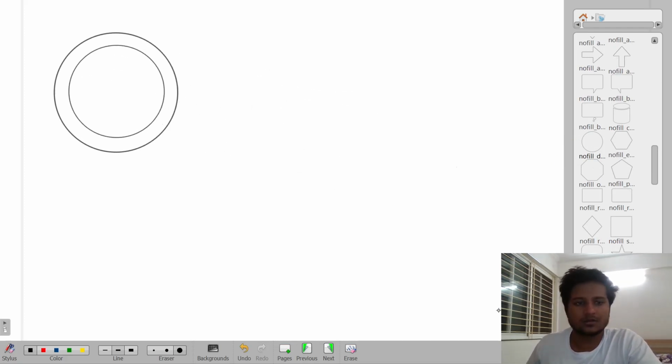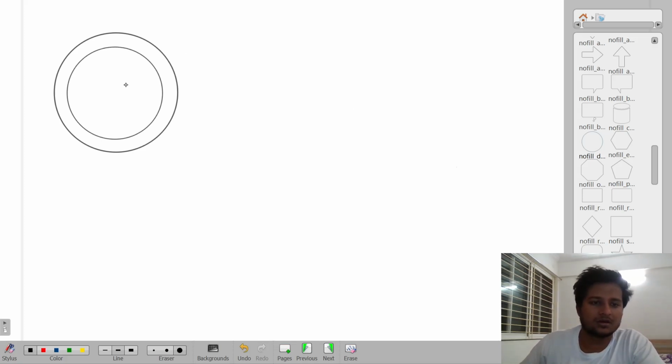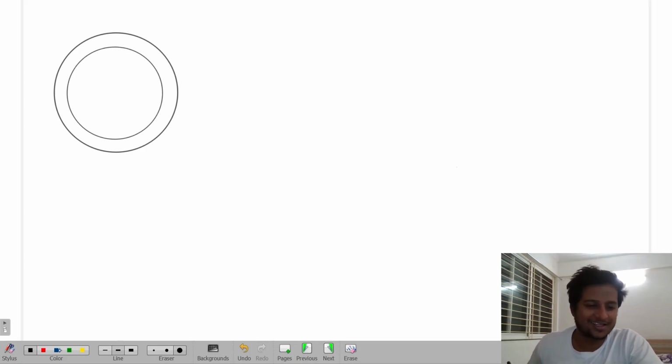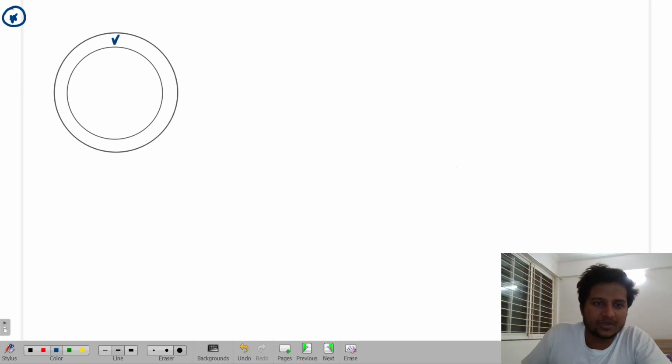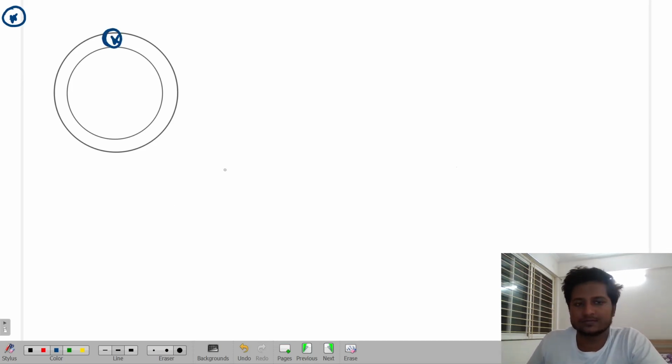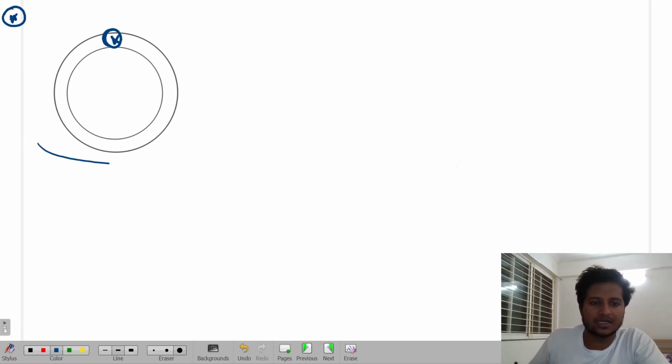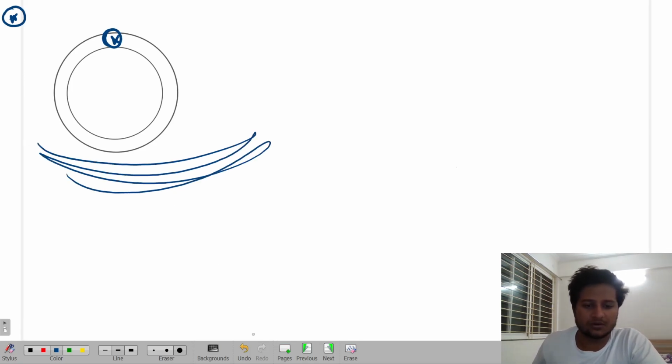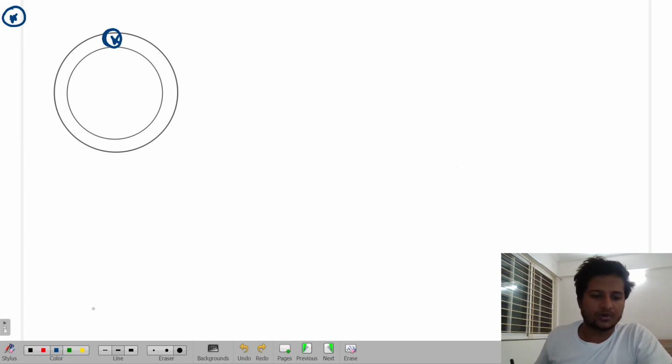This is my engagement ring. A ring is there which is trying to oscillate about an axis which is kept over here and passing through the plane of the ring. The ring keeps oscillating like this.